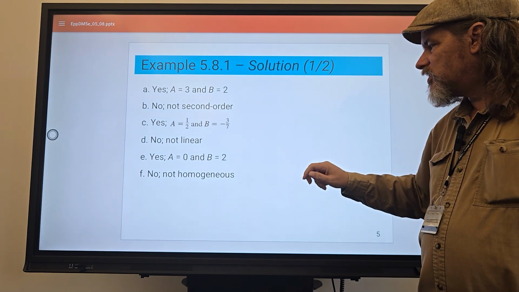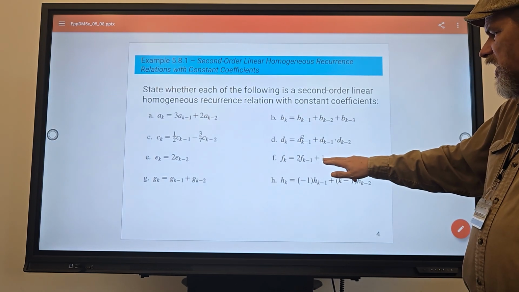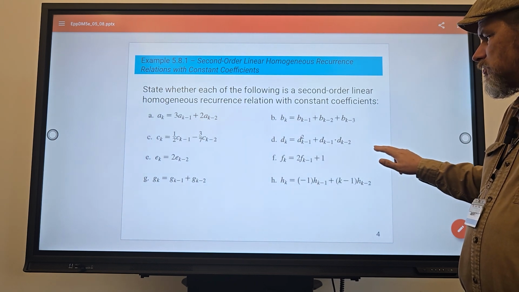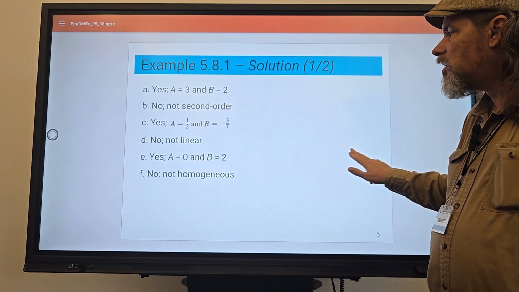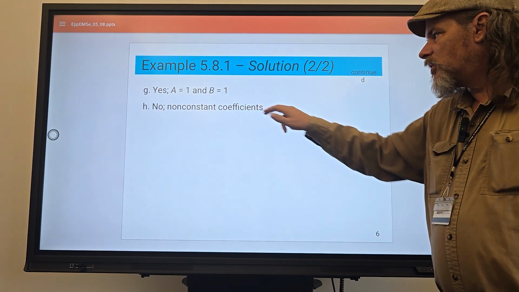No, it's not homogeneous. What was F again? Oh yeah, the second term was not used. And then yes, and then no, it's non-constant coefficients.